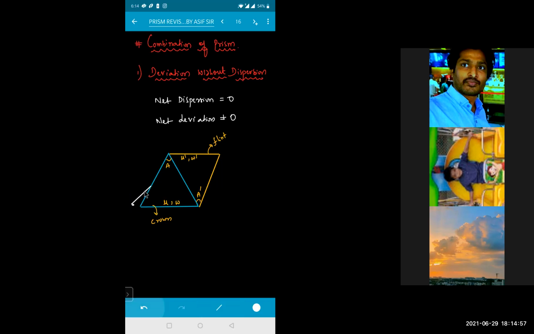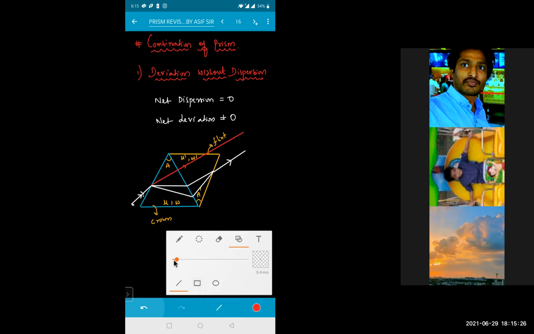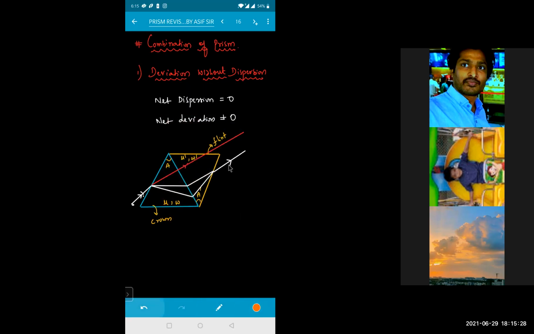Now, when white light is incident on this one, what happens, beta? It undergoes deviation like this, and there will be deviation like this. Then it falls on the second prism. There is deviation without dispersion, which means the final ray should have only one light, with no dispersion again. This is the given condition. So these two are parallel to each other. Deviation means the angle made by the incident ray with the refracted ray.